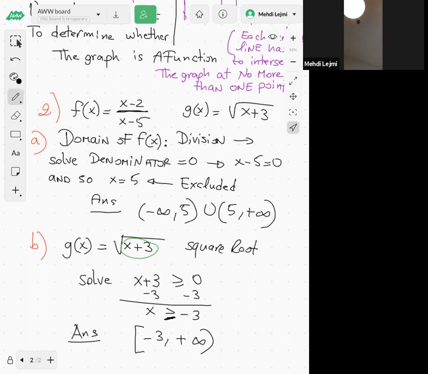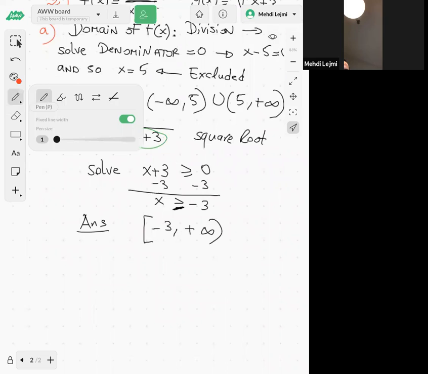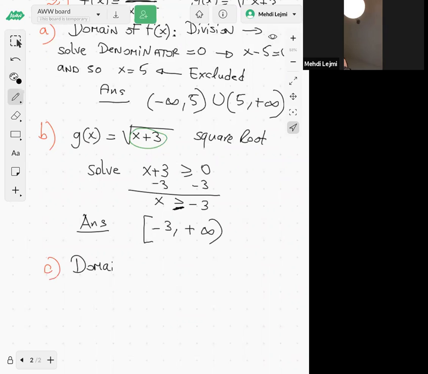Now, for the domain of f plus g, you just take the common domain. So like in C, the domain of f plus g is the common domain, or the intersection domain. So here's your number line.